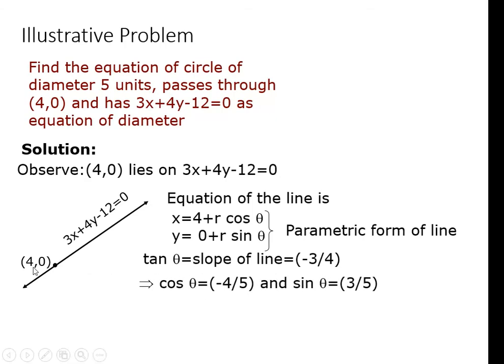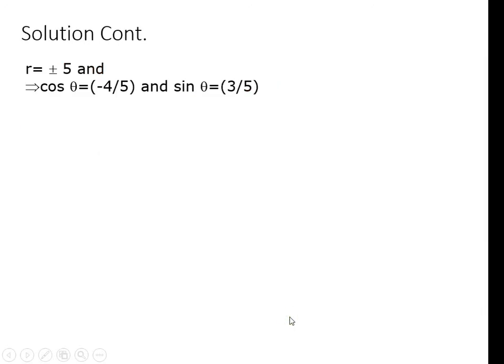So cos theta is equal to minus 4 by 5 and sin theta is equal to 3 by 5. From this tan theta we divide into 3 by 5 and 4 by 5, and we got sin theta and cos theta. So r is equal to plus minus 5.